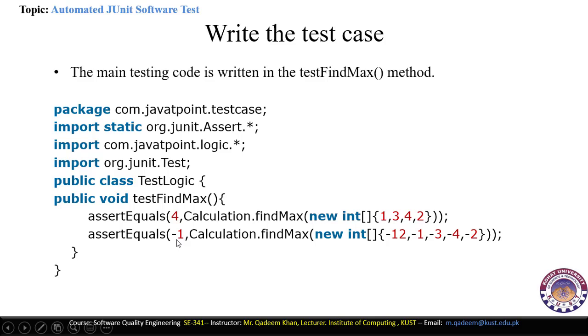Then if we provide -1, and the array is this one, you can see that -1 is not the minimum value in this array, but it is the maximum value in the array, while the minimum is -12. So this test case should fail. That means this test case will identify the error, because the maximum is not -1, the maximum is -12.